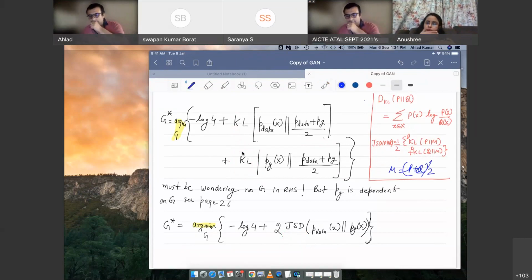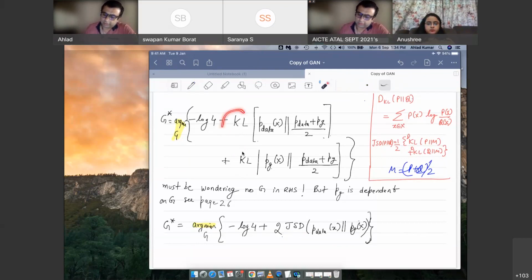So it's an average. So basically you can represent these two terms, which are represented in two different expressions, in one compact expression as JS divergence.